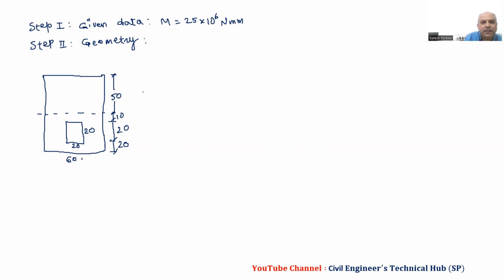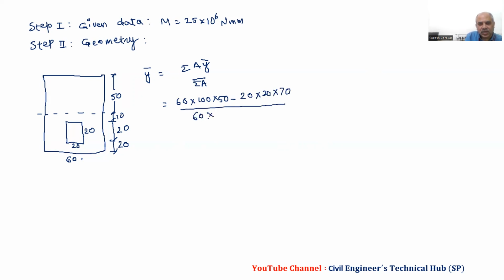All dimensions in millimeters. So now we will go y bar is equal to again summation a y bar upon summation a. And then we will get it equal to 60 into 100 into 50 minus 20 into 20 into 70 divided by 60 into 100 minus 20 into 20.